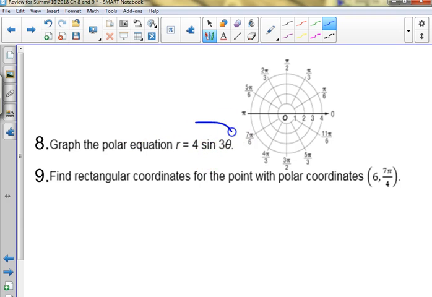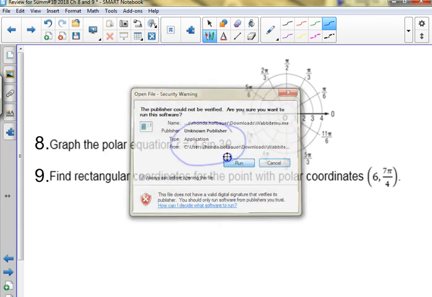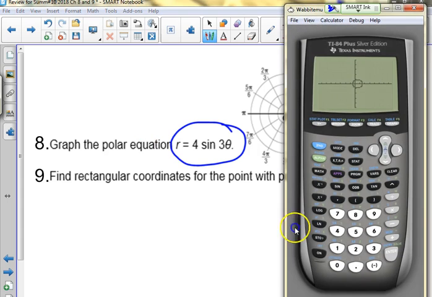How do we graph this? Because you have to be able to graph one or pick out the correct graph. What mode do we need to be in? Polar and radians. Mode, radians, and polar. Go to y equals. Your theta should be 0 to 2 pi by 0.1.